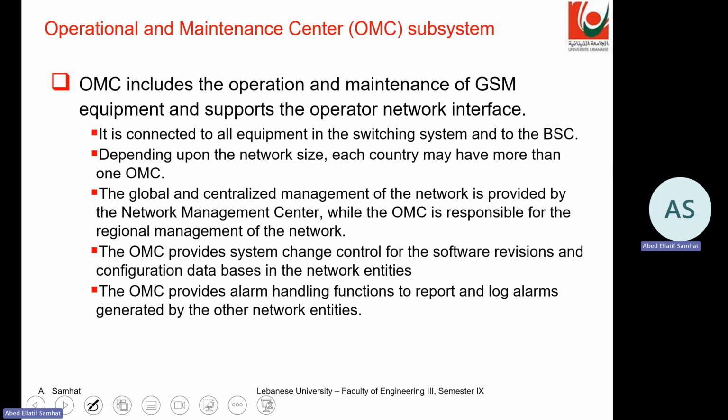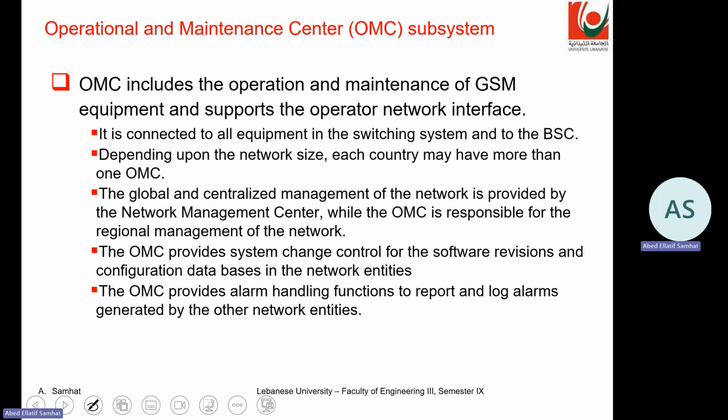The last part of this chapter is the operation and maintenance subsystem. It's an important part, okay? It's important because it includes all operation and maintenance of GSM equipment, and supports the operator interface.